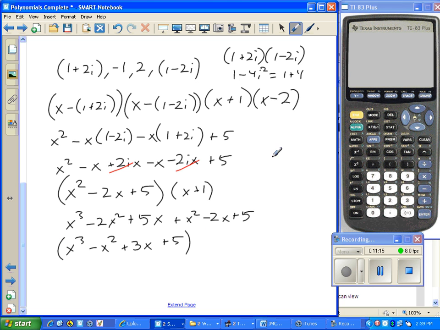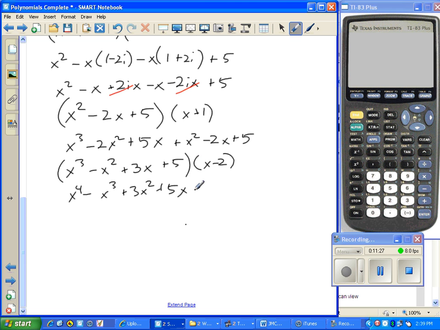Multiply this whole thing by our last root. x to the 4 minus x cubed plus 3x squared plus 5x minus 2x cubed plus 2x squared minus 6x plus 10.